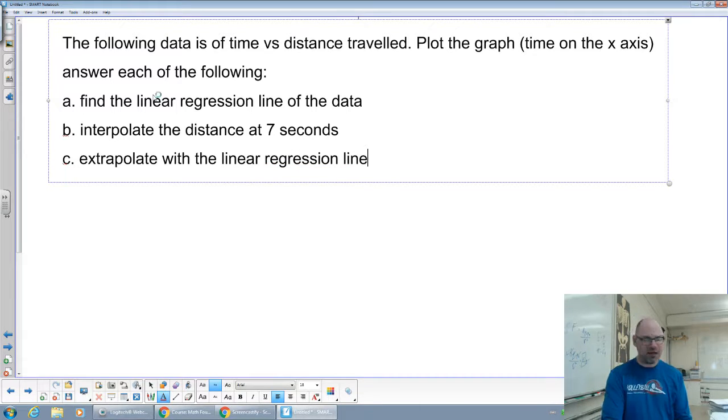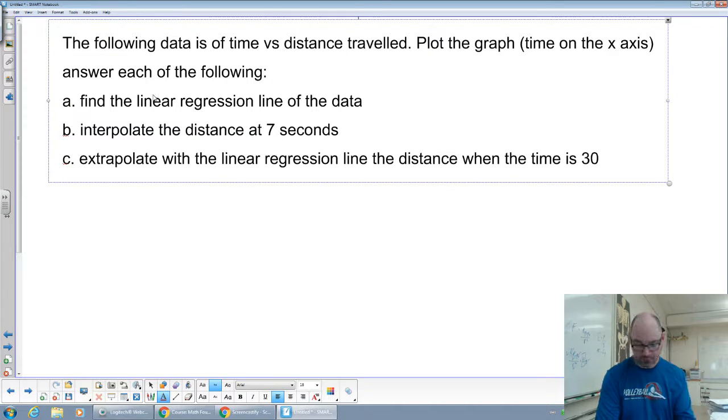Extrapolate with the linear regression line the, let's say, distance when the time is, let's go out of our way, let's say 30 seconds.